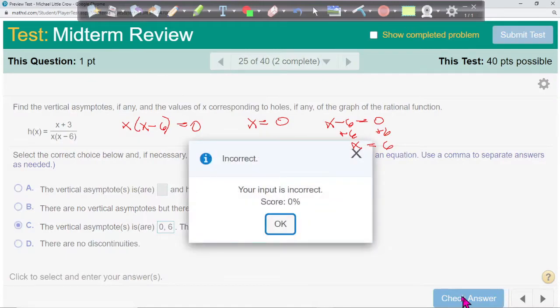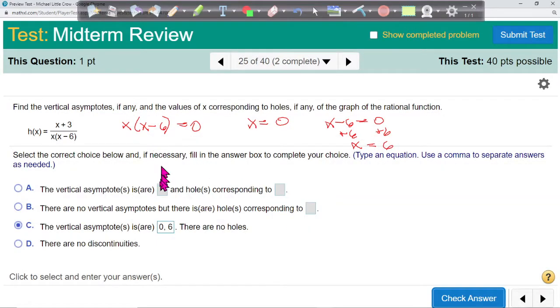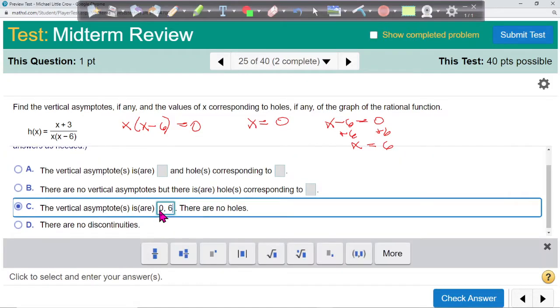Let's check our answer. Oops, it didn't like it. What did I do wrong? The vertical asymptotes are, okay, type an equation. Okay, read the instructions, and then use commas to separate them. So it's a formatting error, and again, this one is my fault. They told us how to do this.